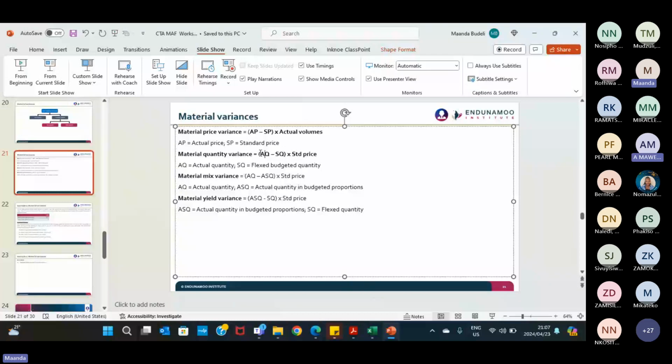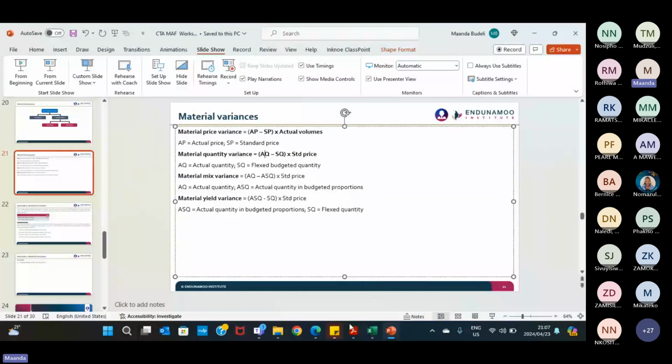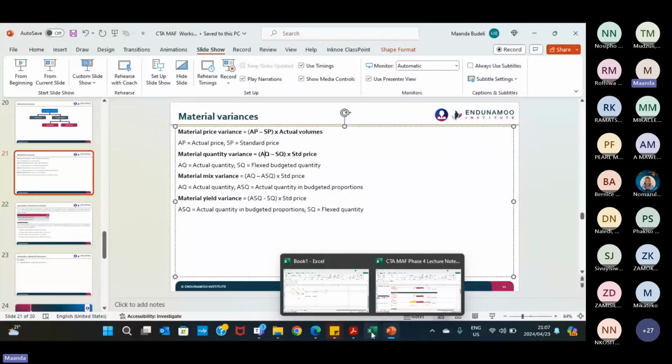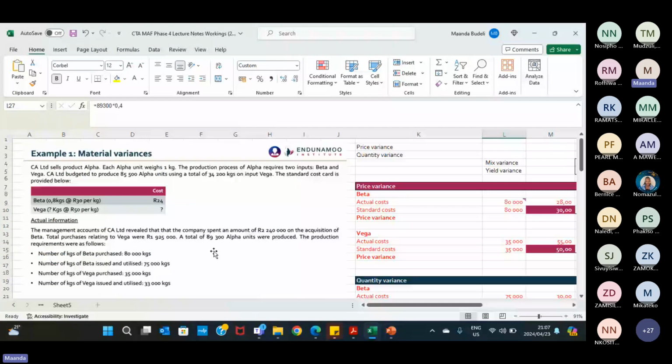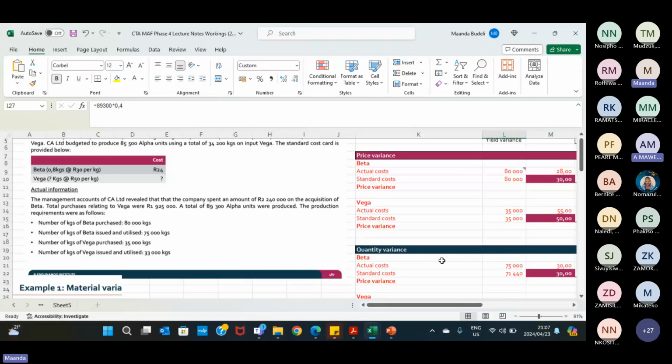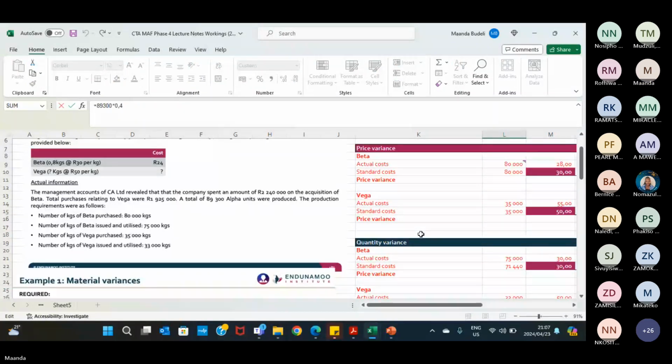For standard quantity, you take your standard kgs to produce one unit, and then you multiply that by the actual units, because you are trying to see how many kgs or quantity we used.